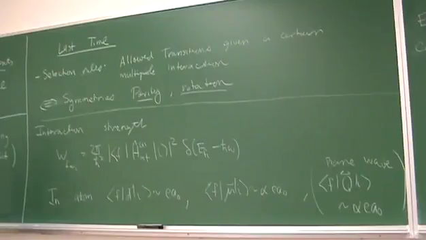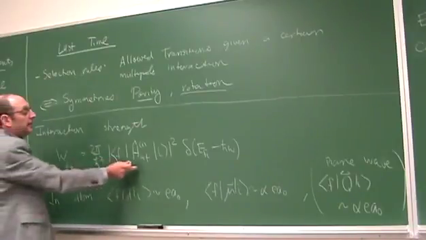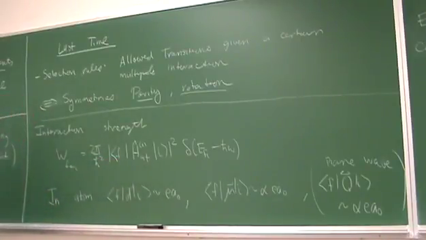That transition rate depends on the square of the interaction Hamiltonian matrix element between the initial and final states.